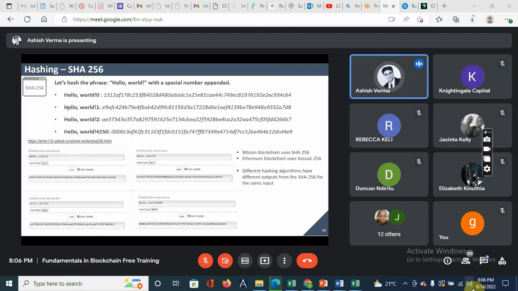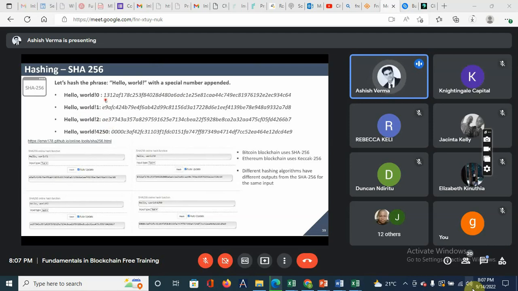Let's say we go to this SHA-256 algorithm and we put the message "hello world!0". This is the hash for it. If we change the message to "hello world!1", this will be the hash. And if you put 2 here, and if you put 4250, you can see all the hashes change. You can see a pattern here.